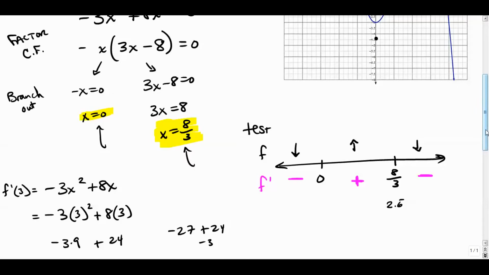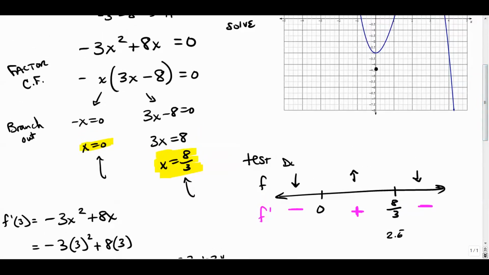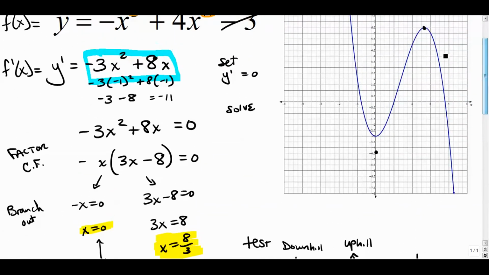All right, so anything to the left of 0 is a downhill function because my derivative is negative, so my function goes downhill. Remember, the derivative tells you the slope of your graph.